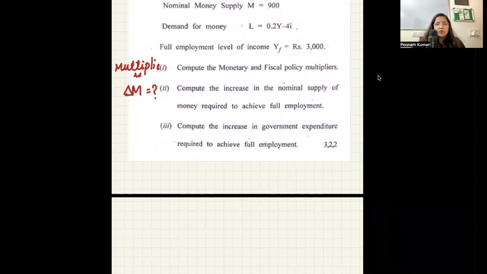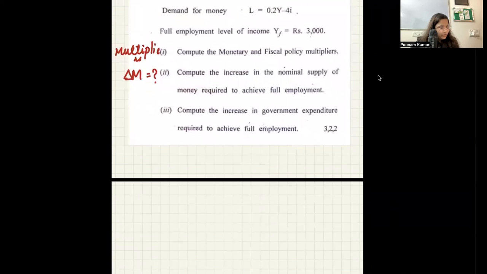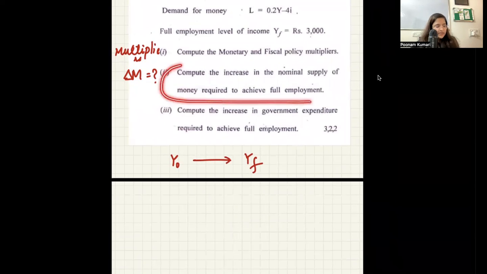ठीक है? तो again, दोनों ही context में आपसे क्या चीजें पूछी गई हैं कि आपको अपना नया इनकम, करंटली यू माइट बी हैविंग एनी इनकम, यू वांट टू रीच YF, राइट? आपके पास मल्टीपल चैनल्स होते हैं अपनी इनकम को इंक्रीज करने के लिए. यू कैन यूज मॉनेटरी पॉलिसी और यू कैन यूज फिस्कल पॉलिसी और यू कैन यूज बोथ. तो यहाँ पे अगर आप मॉनेटरी पॉलिसी का यूज करते हो बाय इंक्रीजिंग द मनी सप्लाई, तो कितना किस तरीके से इनकम 3000 होगी, दैट यू हैव टू टेल.